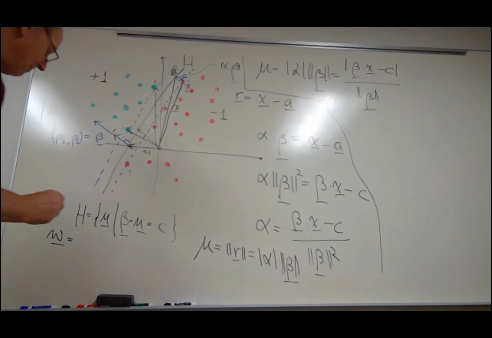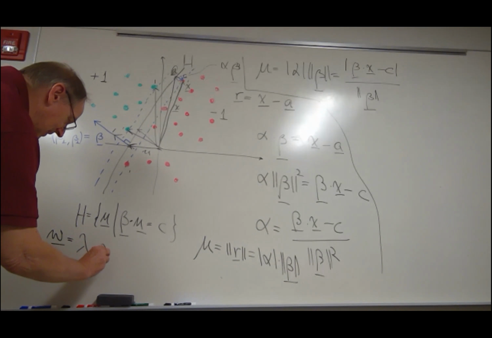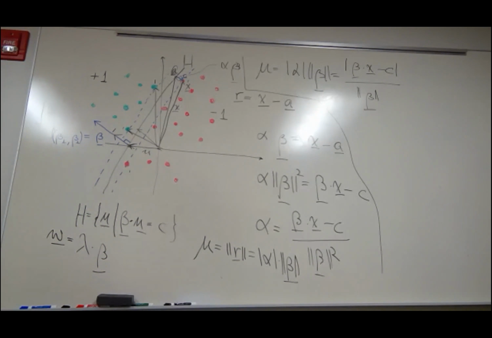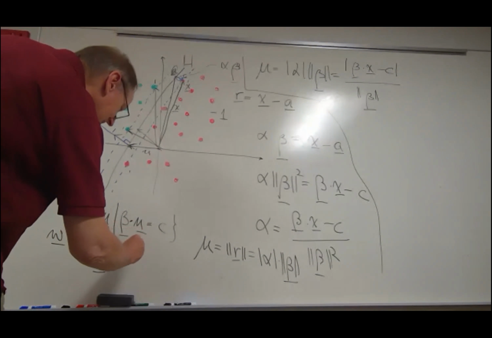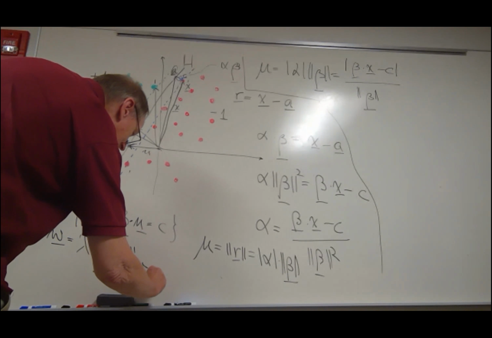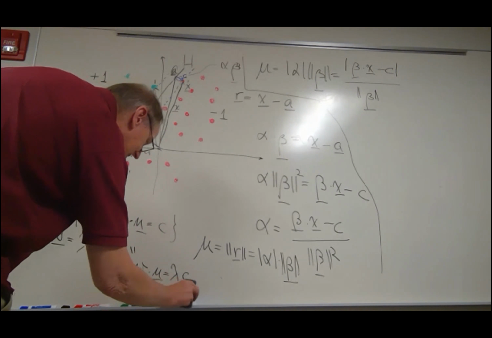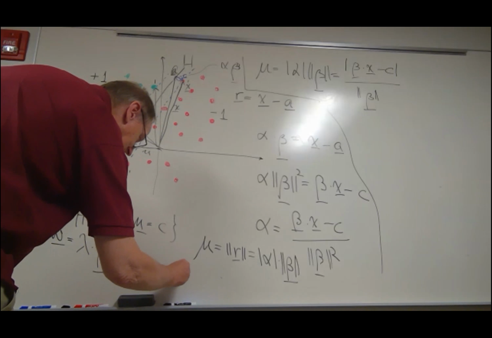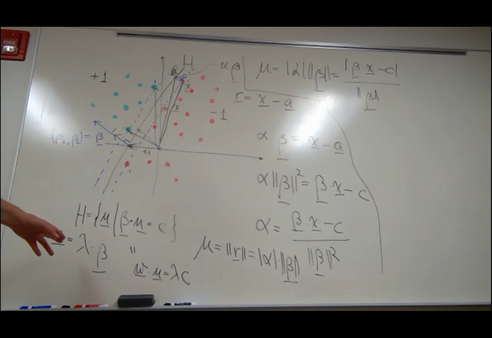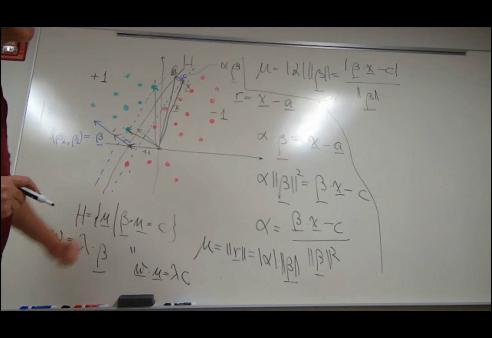So if I scale beta by some lambda, so instead of looking at beta, look at lambda times beta, what happens to the equation here? Well, I just multiply the equation by lambda, and so the equation becomes W dot U is equal to lambda times C. So all that happens when I take a multiple of beta is that I change the constant here.